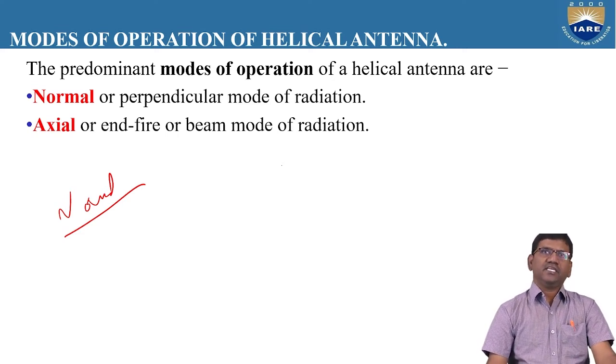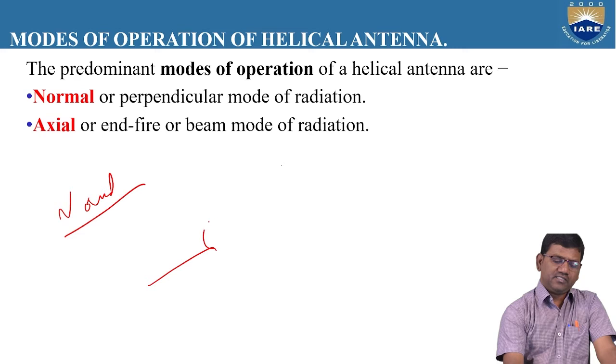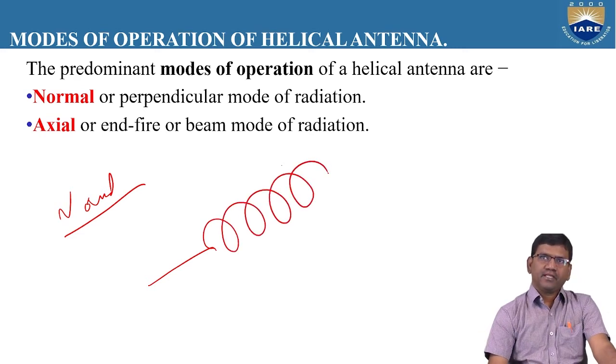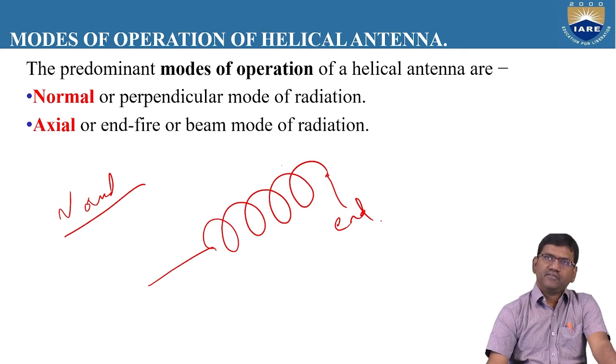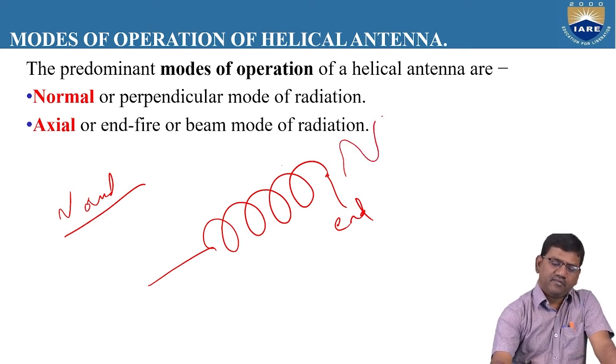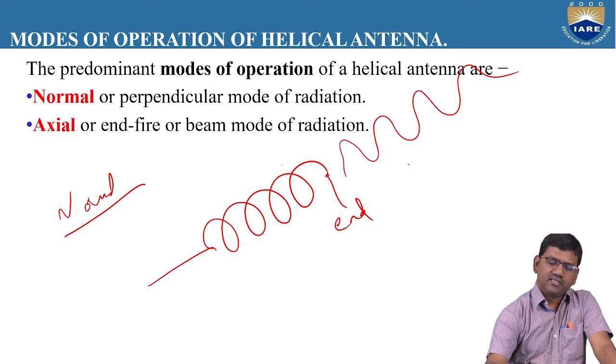And if you take an axial mode, or end fire, or beam mode of radiation, end fire means, if this is a helical antenna, the beam of radiation will be produced at this end. This is the end point of the helical antenna. The radiation pattern will be unidirectional.